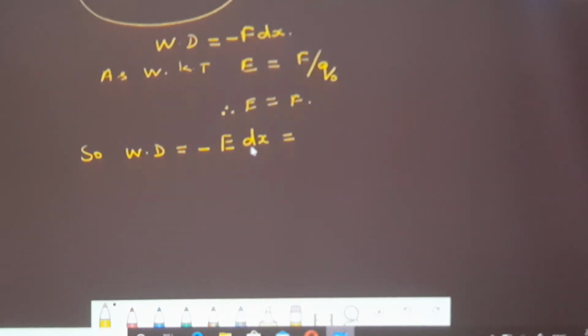What is electrical field into distance? It is nothing but the potential difference dV. So from this relation I can say the electrical field E is equal to minus dV divided by dx.